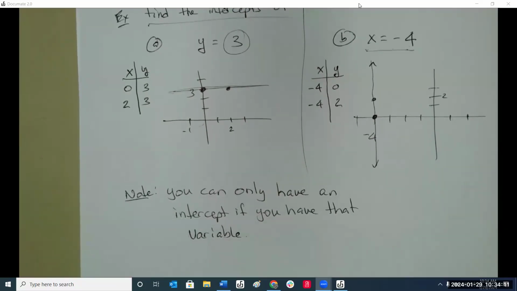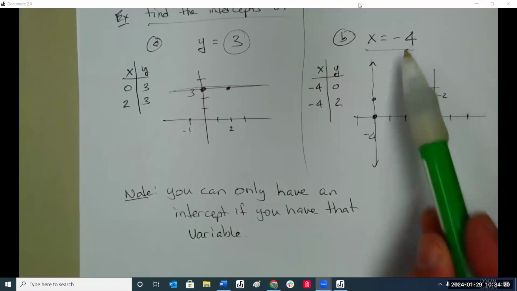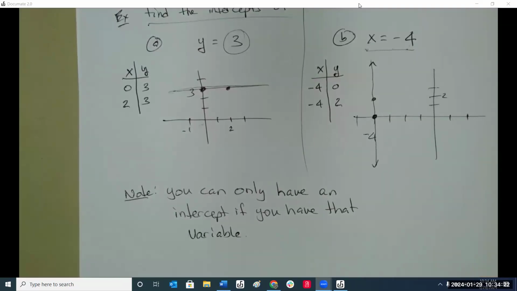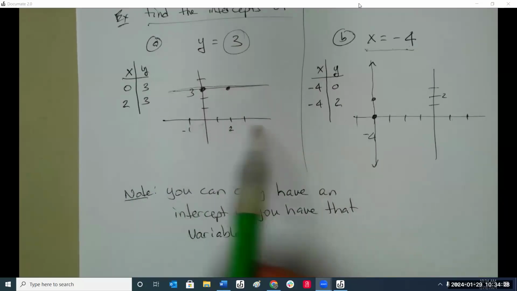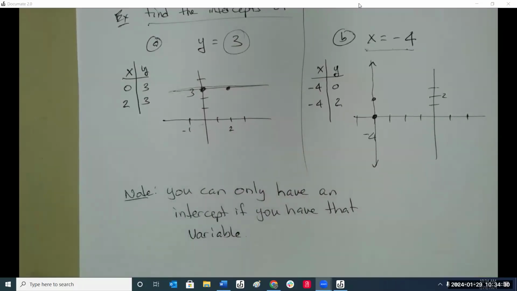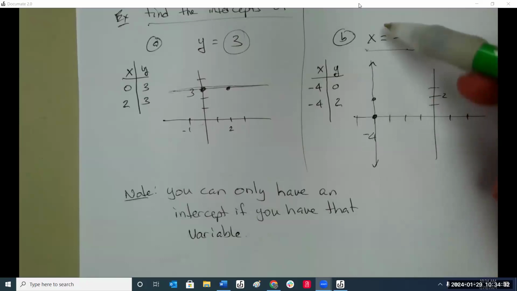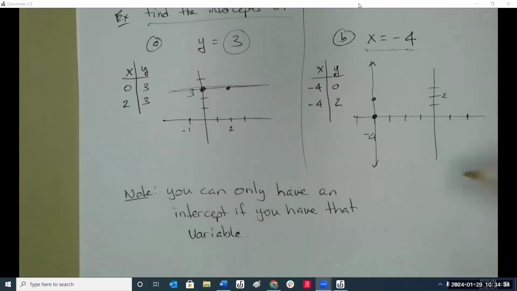If there's no x in the equation, then you cannot cross the x-axis. If there's no y, you cannot cross the y-axis. So the only way you cannot cross the x-axis is if it's a horizontal line. It's the same slope as the x-axis. And likewise, the vertical equation, same slope as the y-axis.